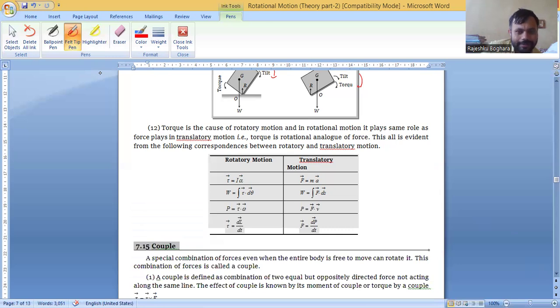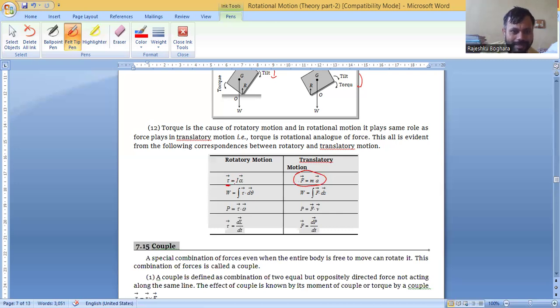Now compare rotational and translational motion. तो here F is equal to ma in a translational or linear motion. Now in rotational motion we take torque, angular force, mass.